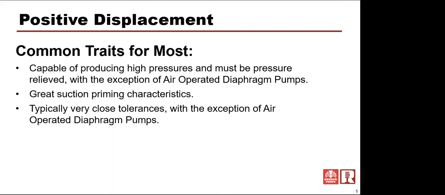They must be pressure relieved with the exception of an air operated diaphragm pump, meaning that if you all of a sudden closed off the discharge of a positive displacement pump, you could get a pressure spike that would go to maybe several thousand PSI, maybe 50,000 PSI on a very short, quick basis. And something's going to give, piping's going to break, pump's going to break, something's going to break. So we put a pressure relief valve on most positive displacement. Again, the only exception to that is an air operated diaphragm pump.